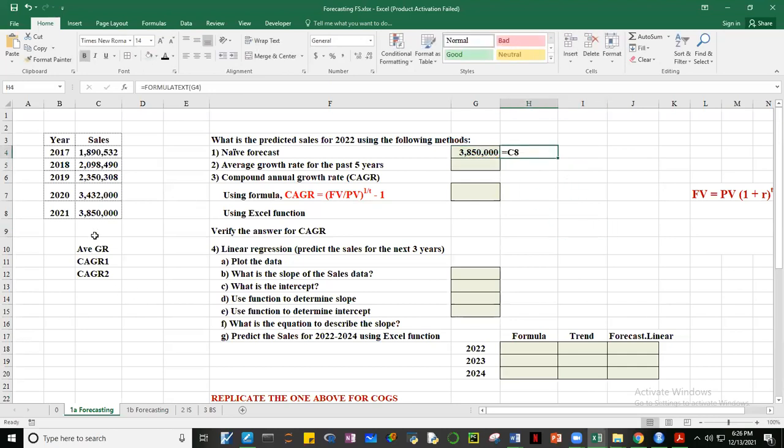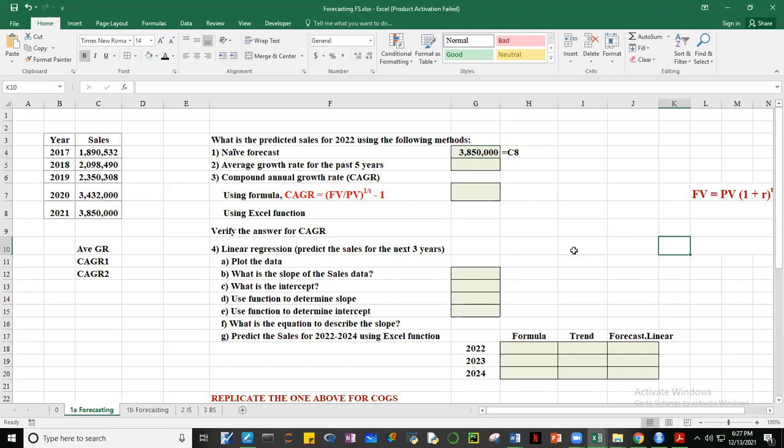This is just equal to C8. Naive forecast, as Ian said, you forecast your account or your variable based on the most recent figure. Since we're forecasting 2022, the most recent figure is 2021. So it's 3850.